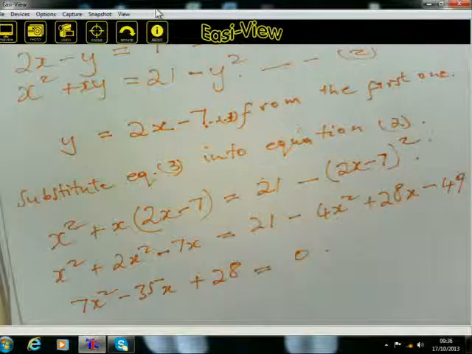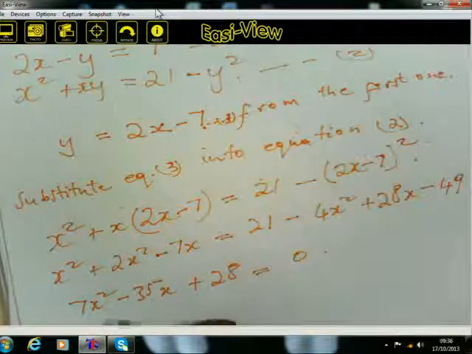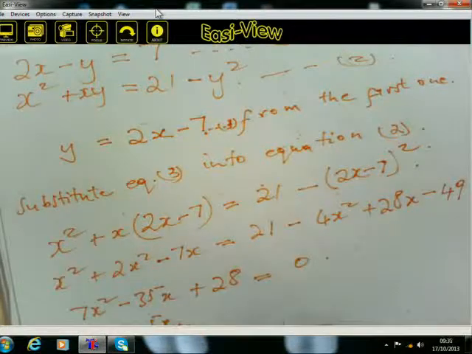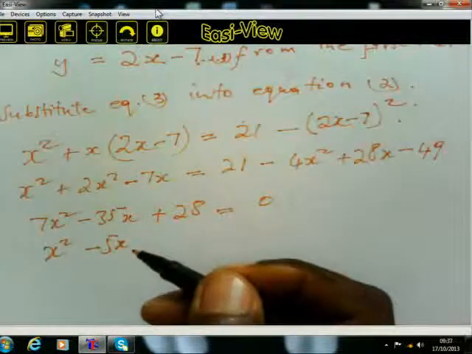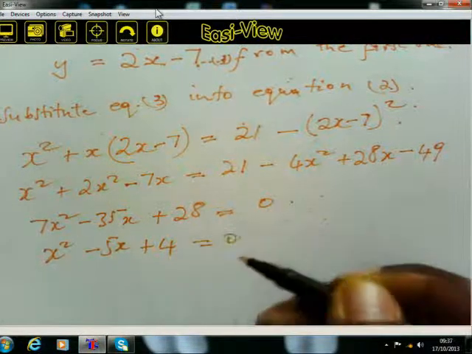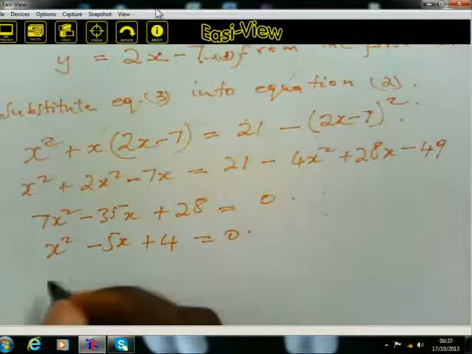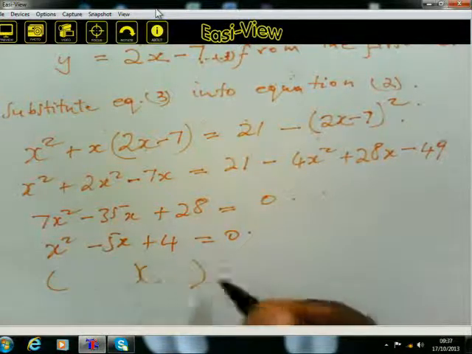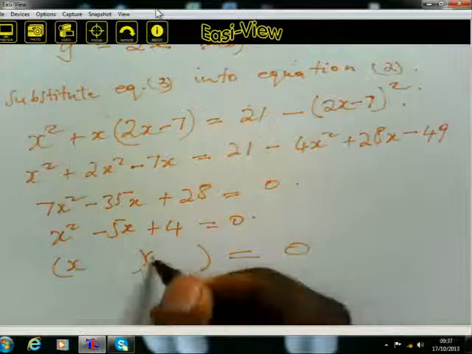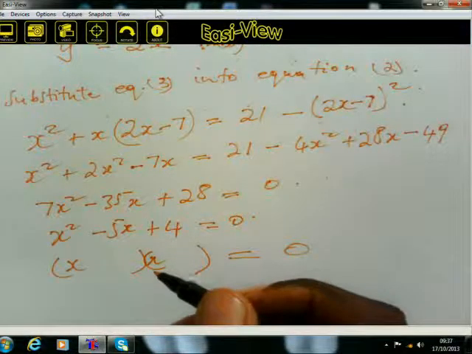Taking out something common, we are going to have x squared minus 5x plus 4 equal to 0. Now this thing, when you factorize it, it will be as follows. The factors of x squared are x and x.